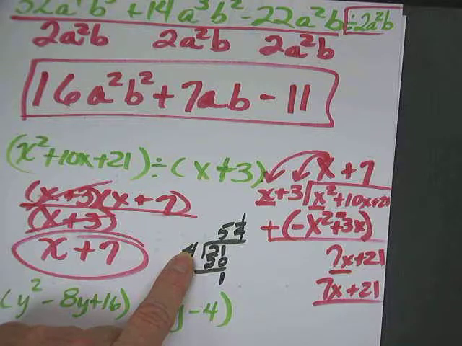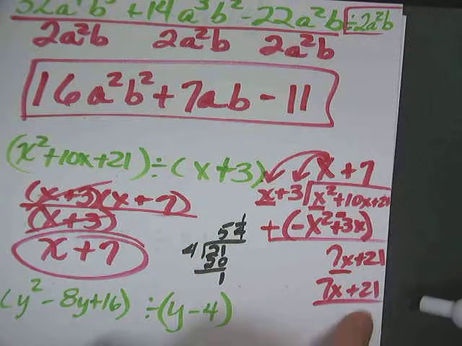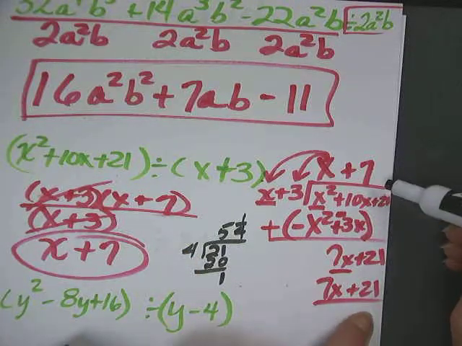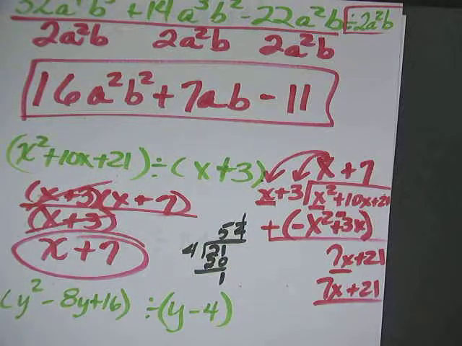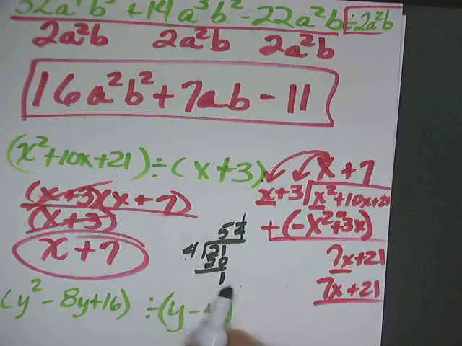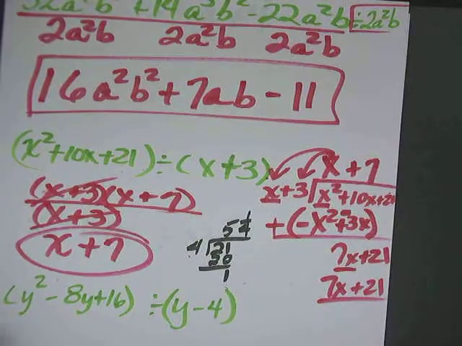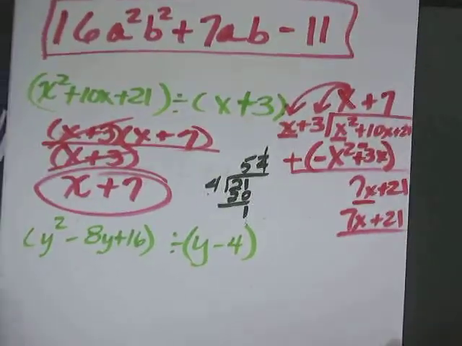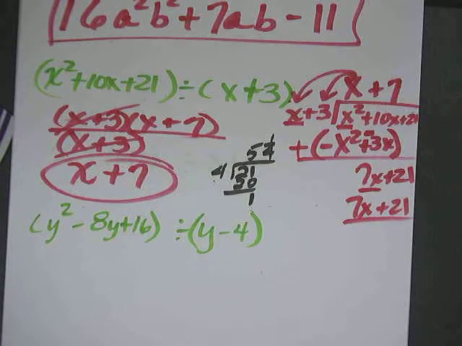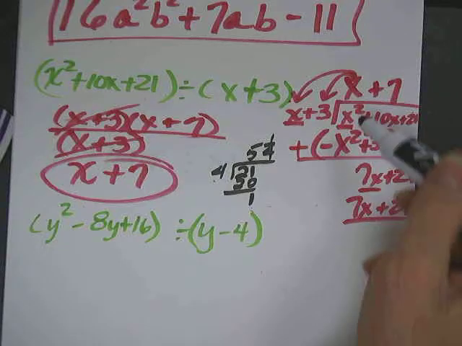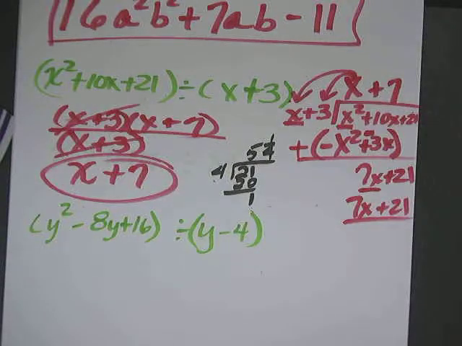You would have 1 over 4. So when there's a remainder, you put this over that for what follows your answer. So if there had been a remainder of like 1, we would put plus 1 over x plus 3. Okay, so that's how you do a remainder if there is one. We're going to do a couple that don't have a remainder first.